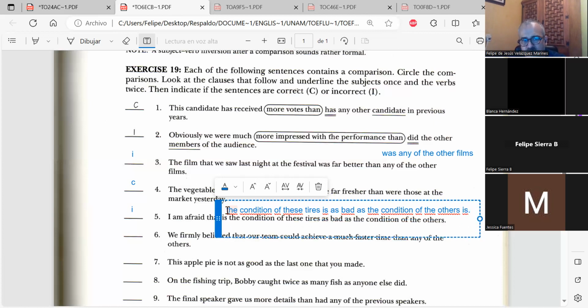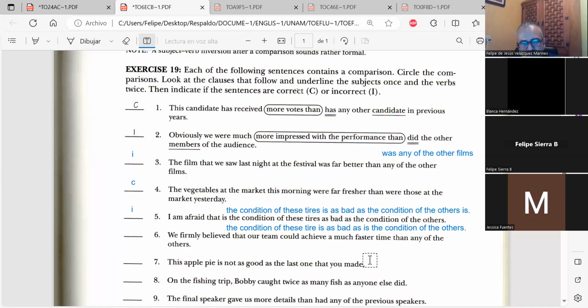Or we can use subject-verb inversion and say: the condition of these tires is as bad as is the condition of the others. These are the two forms to correct this.